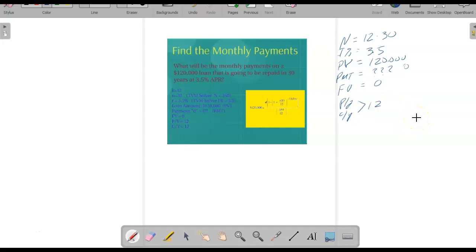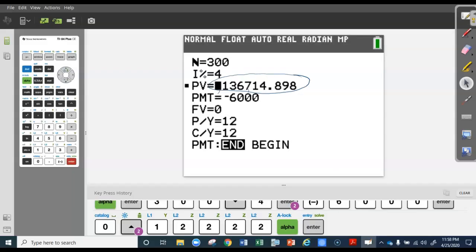And so let's go to our solver. We'll clear all that.